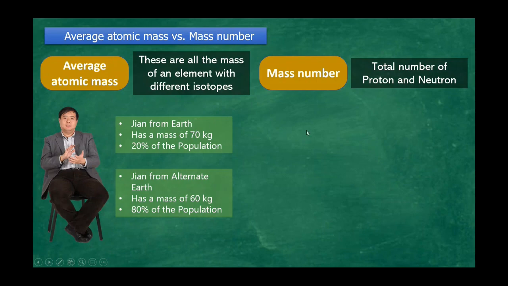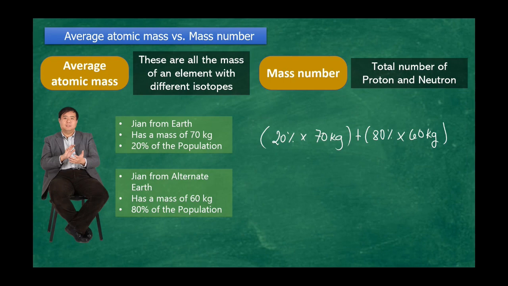When we compute it, we will find the average atomic mass, which is the atomic mass of Gian from both Earth and the alternate Earth. So when we compute it, 20% times 70 kilograms, and then 80% times 60 kilograms, which is equal to, okay, please compute it. And then write the answer in the chat box.